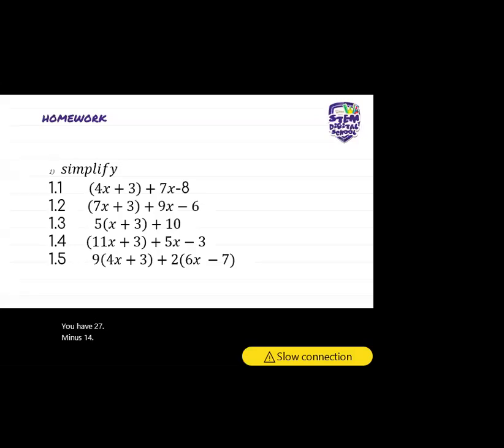So basically, once you group the like terms together, you'll have 36x plus 12x plus 27 minus 14. And then if you add 36 and 12, what do you get? You definitely get 48x.